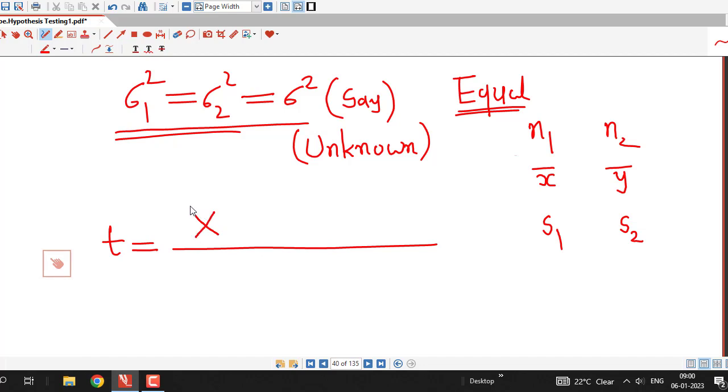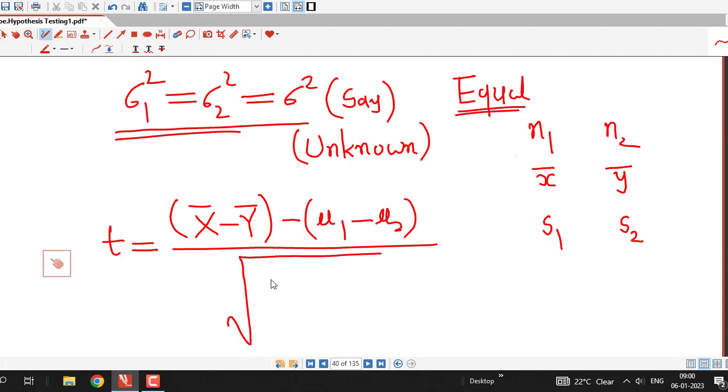It is similar to the z statistic. Here we are considering the difference of two sample means. Here we consider the difference of two population means, and here we have S1 square. In the z test we are considering this quantity.